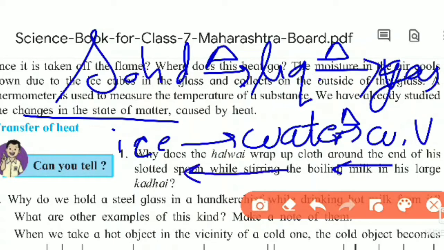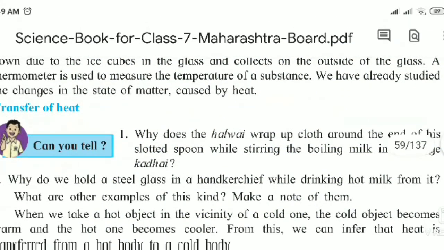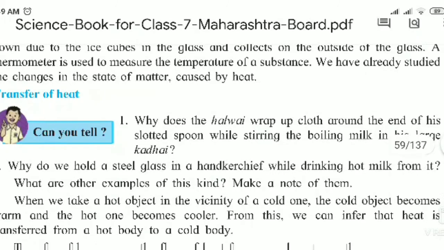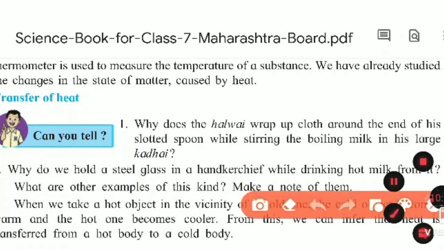If we take out heat again, we freeze the water and get solid ice. Due to this heat, the states of matter change: solid to liquid, liquid to gas, gas to liquid, and liquid again to solid.